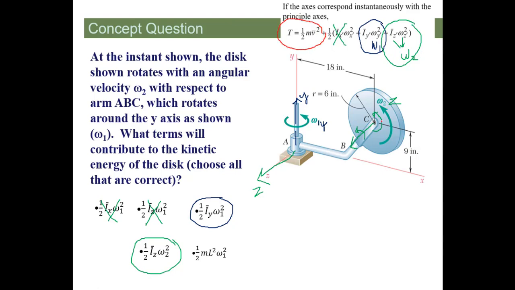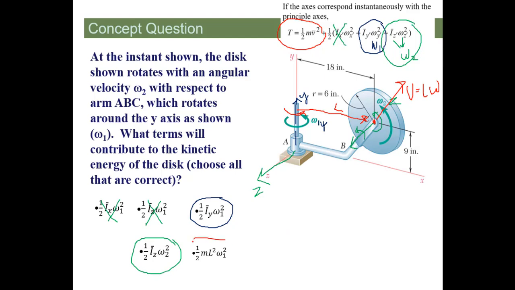So what is the velocity of C? Well, there's going to be some lever arm, right? And then we're rotating around it, so the velocity is going to be some kind of an r omega or L omega.